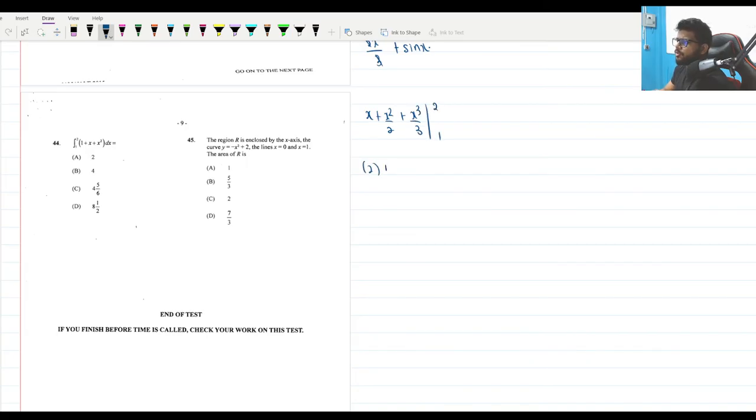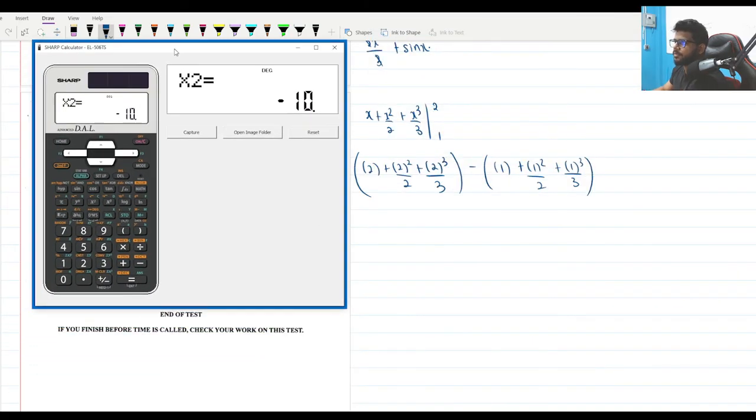Substitute 2: 2 plus 2 squared over 2 plus 2 cubed over 3. Then substitute 1: 1 plus 1 squared over 2 plus 1 cubed over 3. Let's look at the first bracket. 2 plus 4 over 2 is 2, plus 8 over 3. 6 and 2/3 is my first bracket.